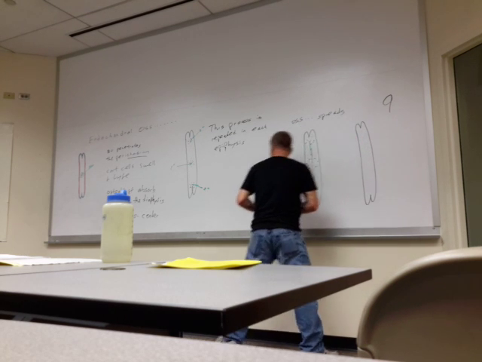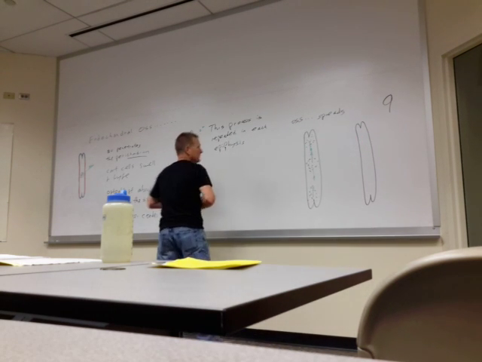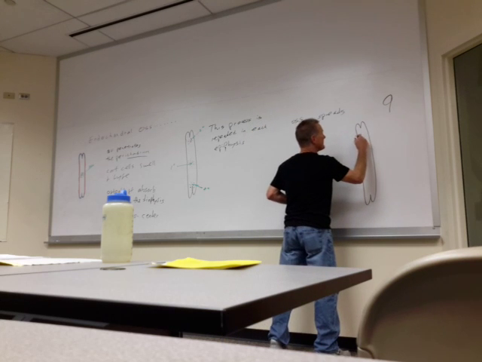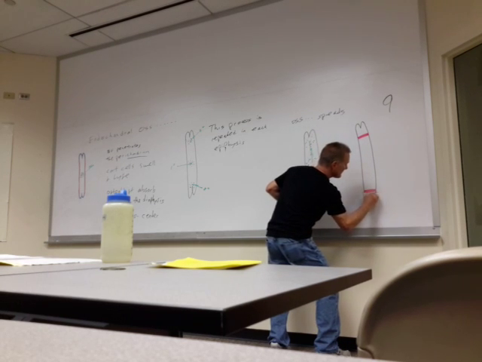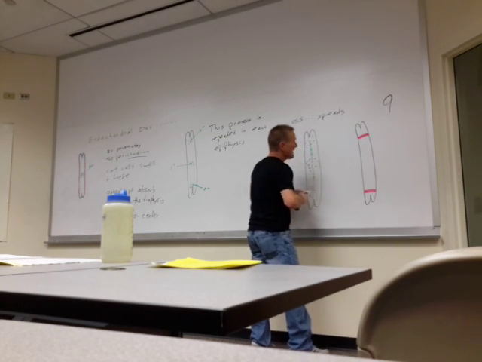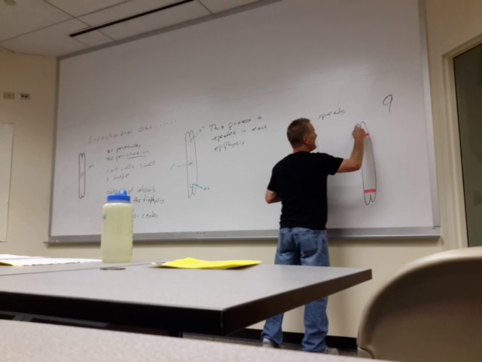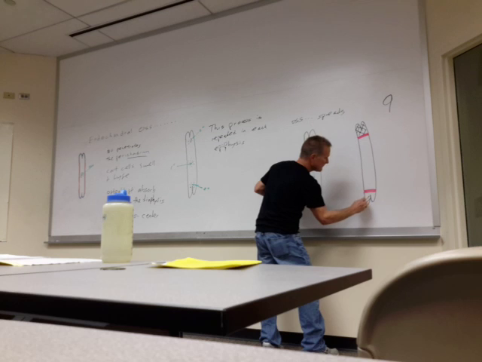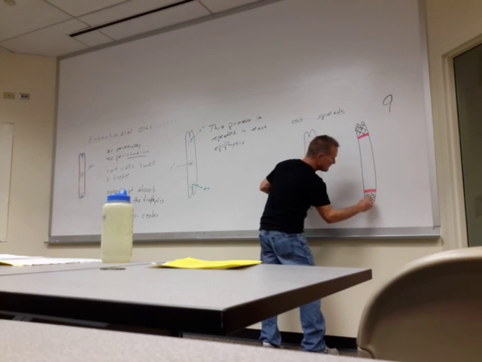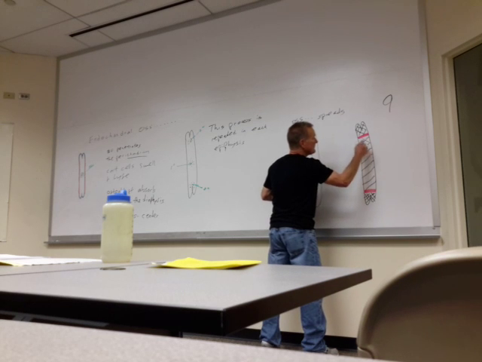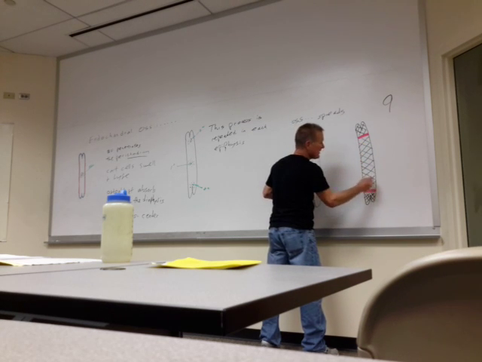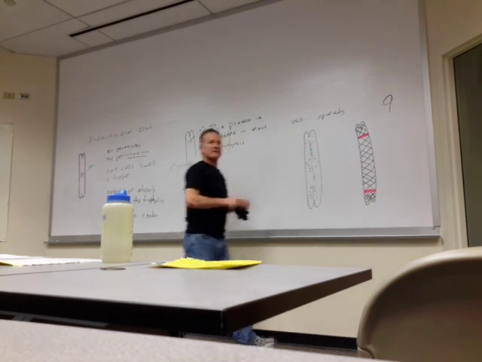And you end up with the entire bone ossified, except one spot on the proximal end and one spot on the distal end.